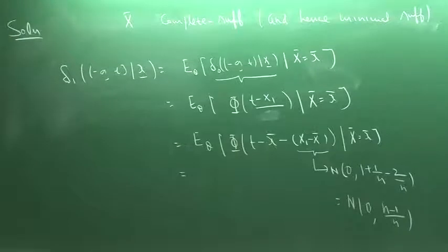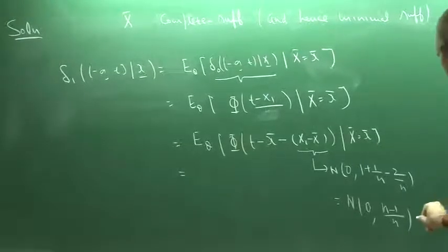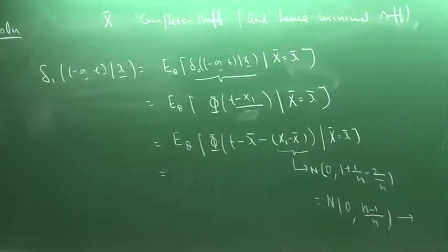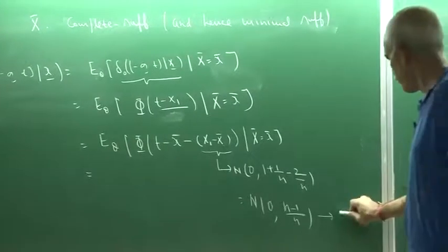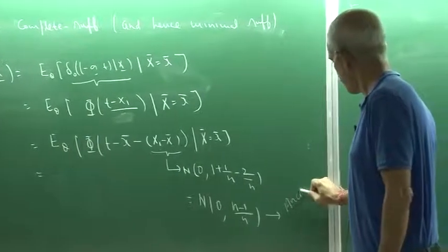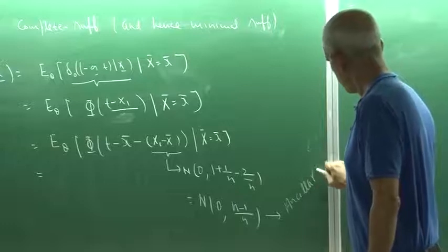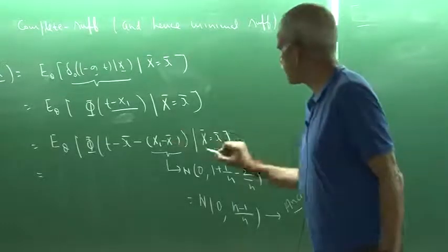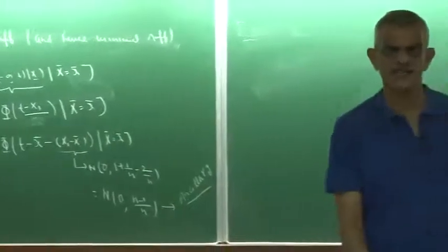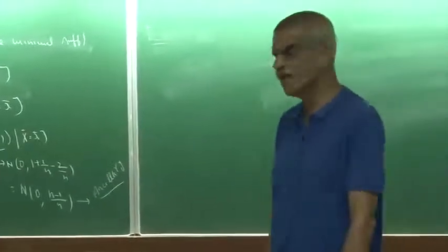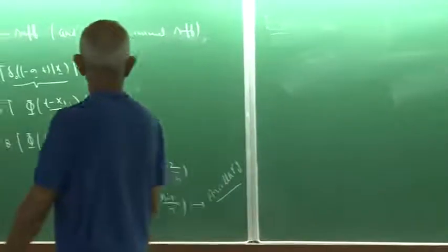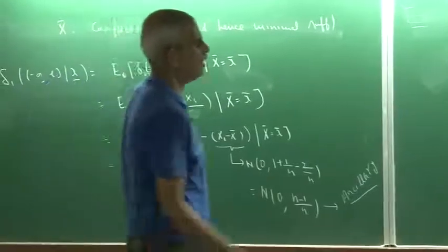The distribution of x1 minus x bar does not depend on theta, so it is ancillary. x1 minus x bar is ancillary, x bar is complete sufficient. So by Basu's theorem, x1 minus x bar and x bar are independent.